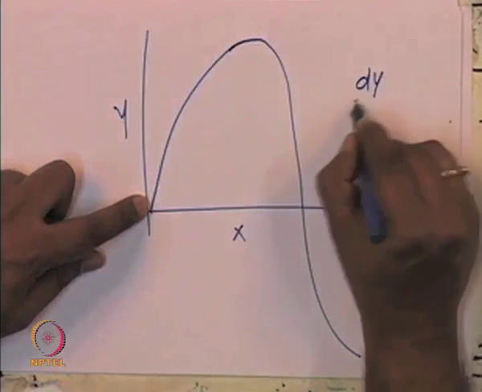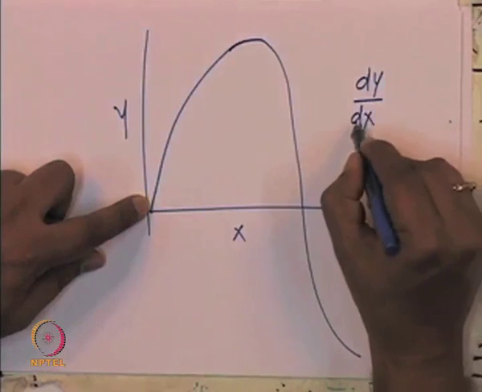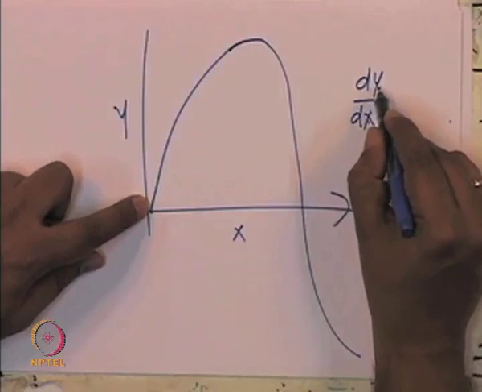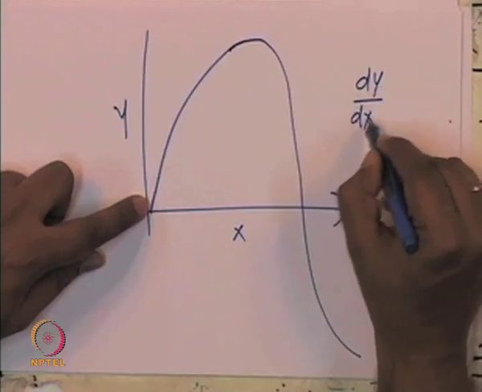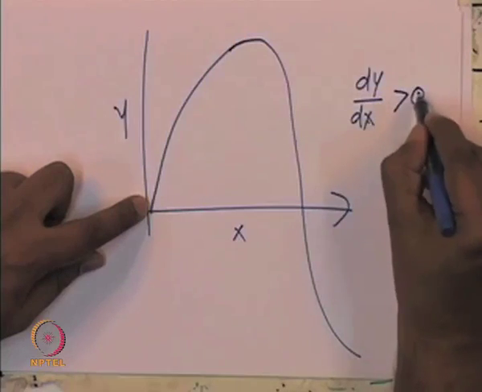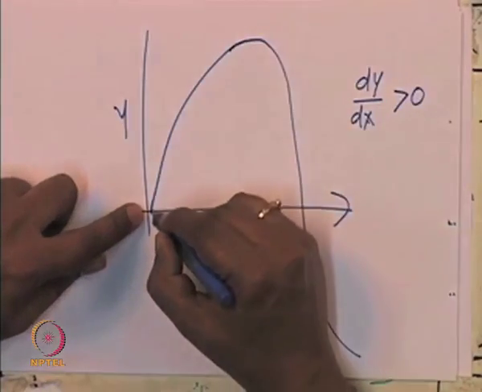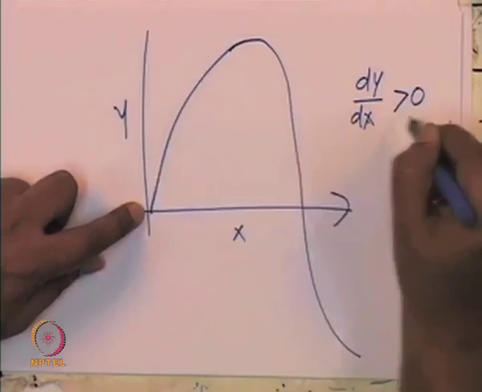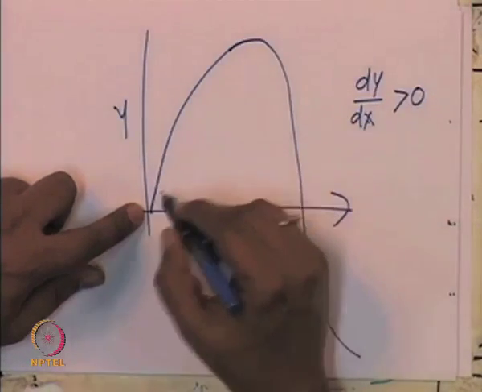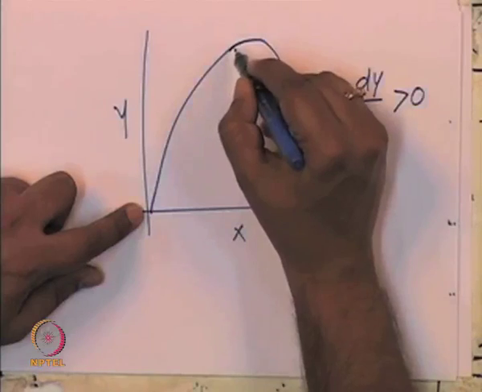So, dy by dx, as x changes, does the y change or not? If y also increases as x changes, dy by dx is greater than 0, positive. There is a positive slope, the slope is greater than 0.